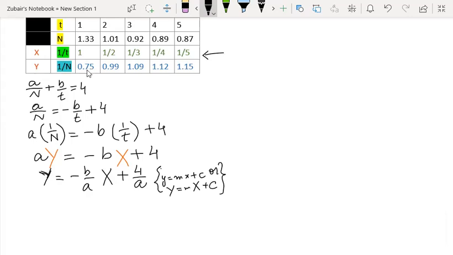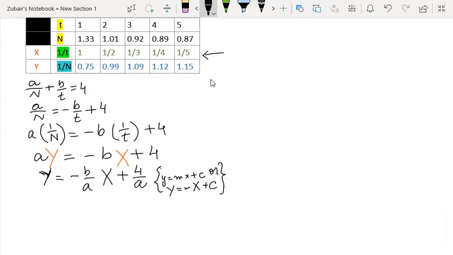So 0.75 is the reciprocal of 1.33, 0.99. And keep in mind, I have rounded off these values, because this may come up to 4 decimal places or 3 decimal places, but we have to graph these values, so we cannot use the exact value.